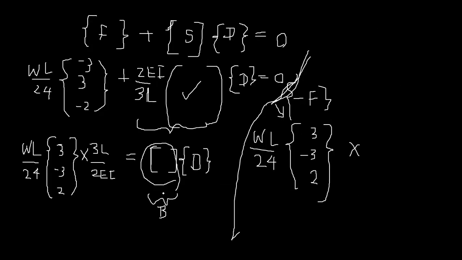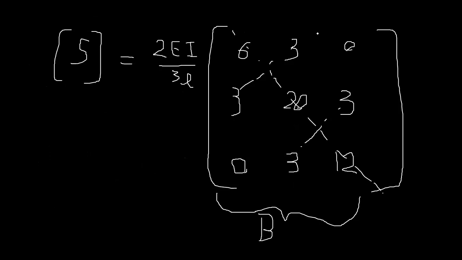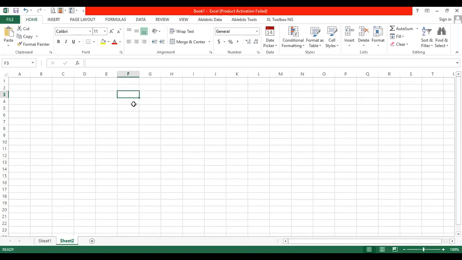So I need to find the B inverse, right? Finding B inverse is easy, right? So we can use a calculator. Oh yes, we can use Excel. It's easy. So B is how much? 6, 3, 0, 3, 20, 3, 12, 12, 3, 0.